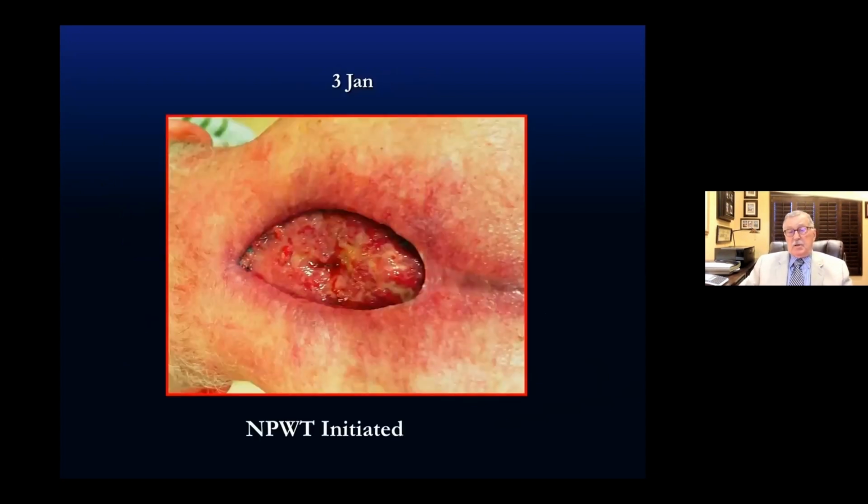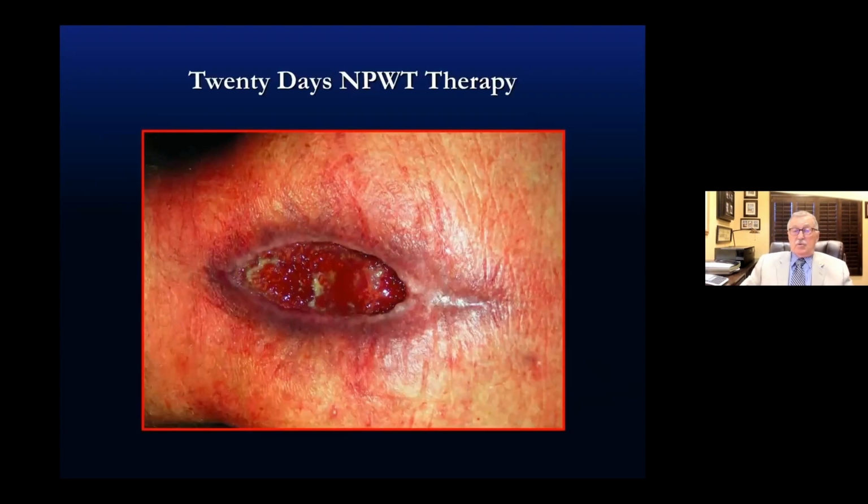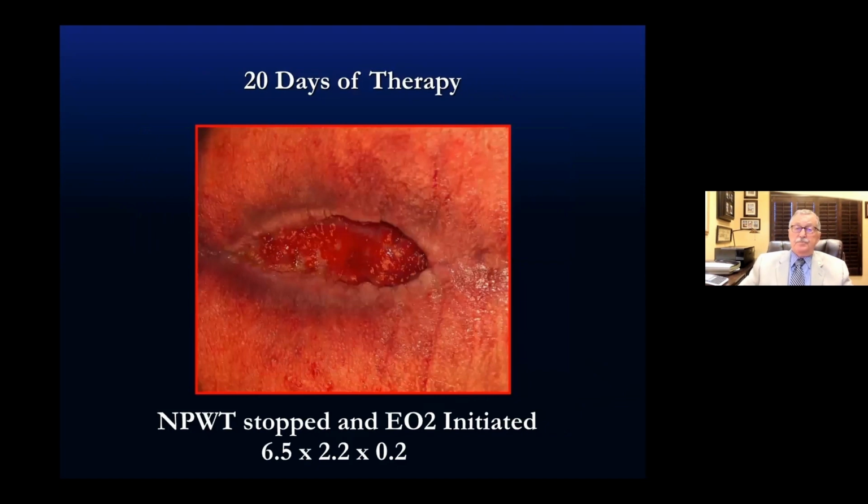So this is when the negative pressure wound therapy was initiated. You can see the large wound, the undermining, and right in the center of that wound, you can see some exposed hardware. This was once the negative pressure therapy had created excellent granulation tissue over that hardware, filled in that deep wound and decreased the amount of undermining.